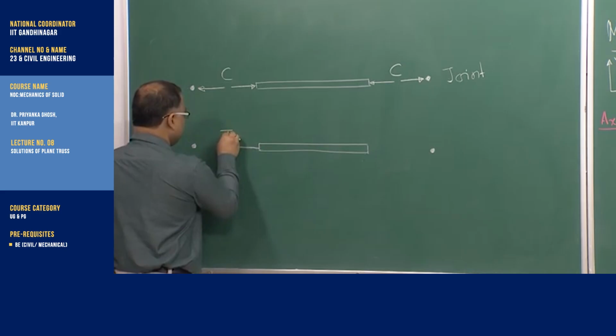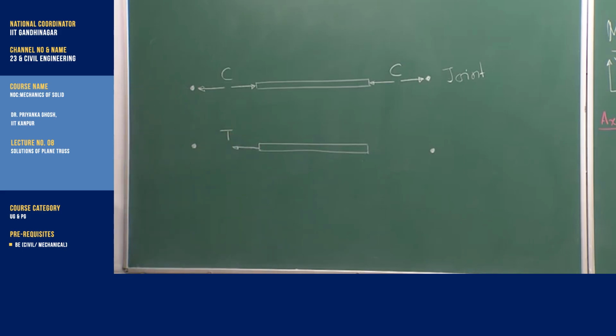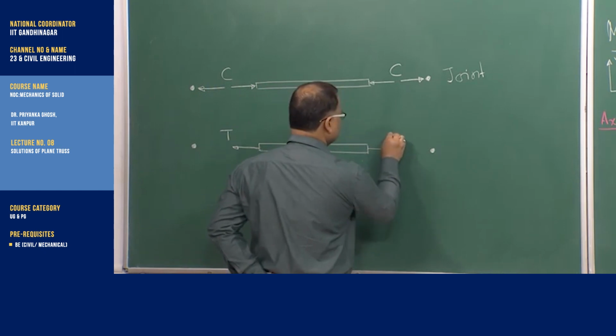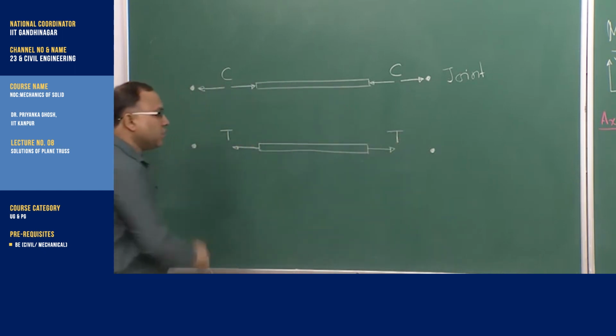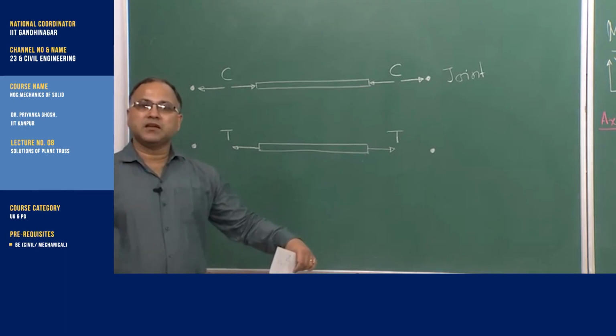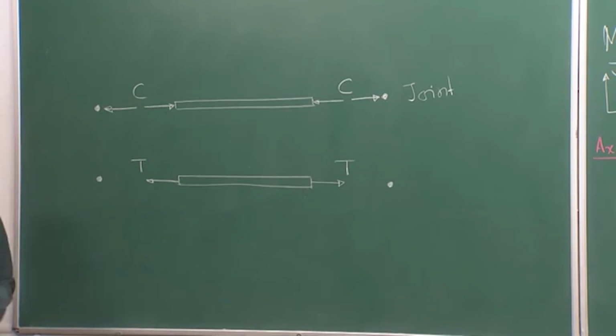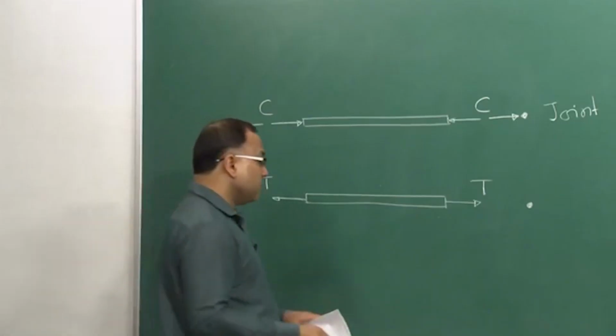So, this is my tension force. So, this should be the direction of tensile force. If the member is under tension, that will be the direction of the axial force. So, on the joint it will be giving equal and opposite force.